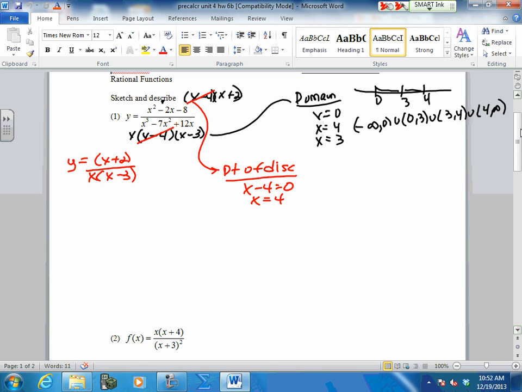Now, what should we do next? Okay, you want to plug in the 4 into this so that we can find what our y is. So we're going to put 4 plus 2 over 4 minus 3. This gives us 6 over 4. Do you want to keep it as a fraction or a decimal? Fraction. So 3 halves is y. So here's your point of discontinuity.